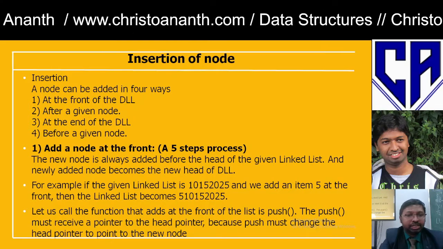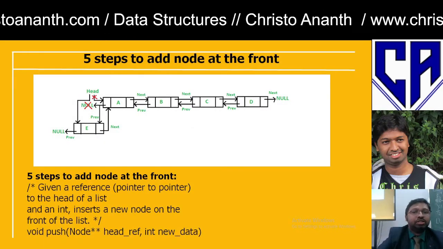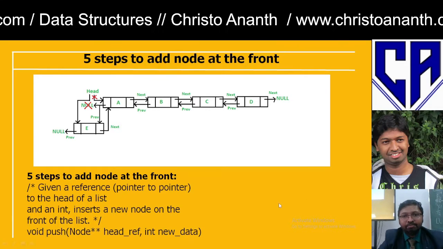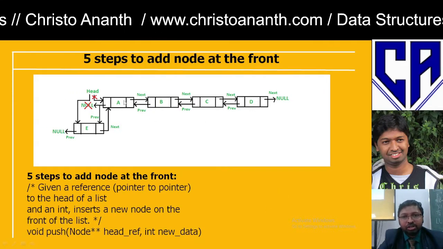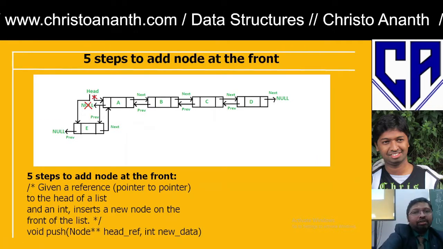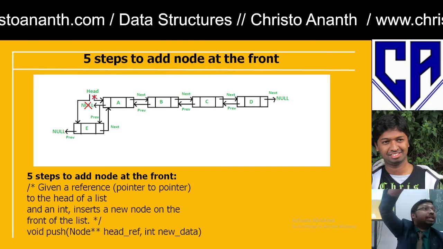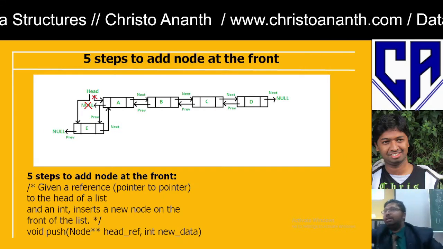You are going to change the head pointer to the pointer of the next node. So this is how you do it with A, B, C, D, going to next and then previous. In the previous case, A was pointing to null, and D was pointing to null.